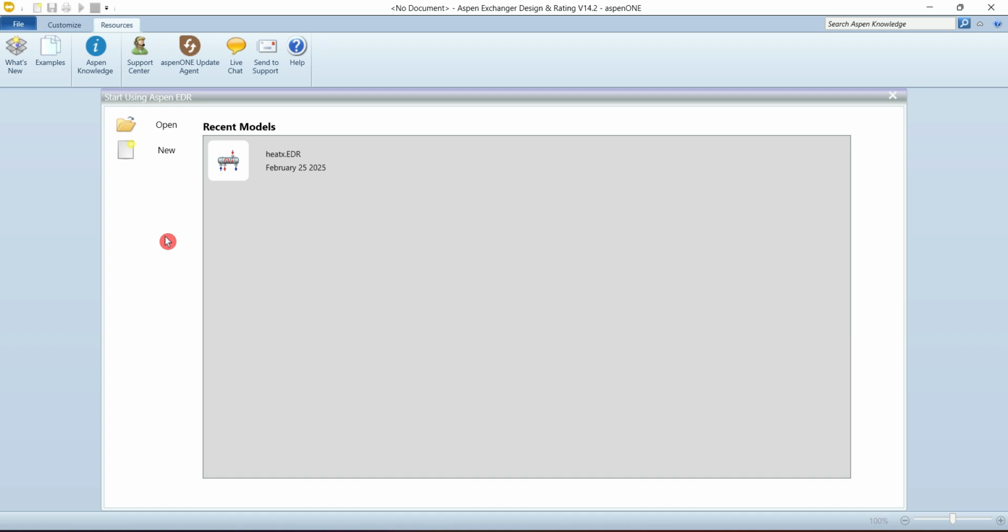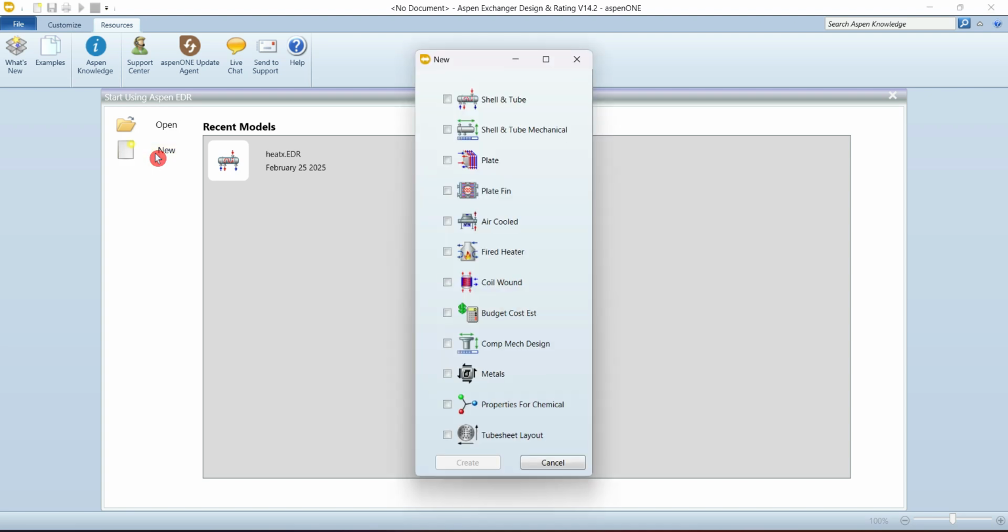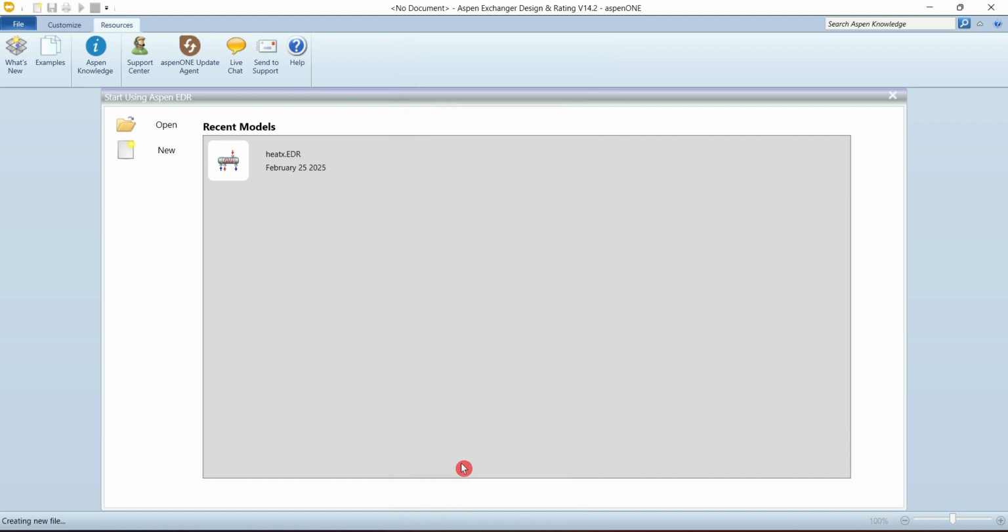If you have any pre-solved exercises, they can appear over here. Otherwise, enter new, and from the new option, it gives shell and tube thermal design option and shell and tube mechanical design option. Let's stick to the preliminary exercise of shell and tube exchanger and create. Pick the first option.